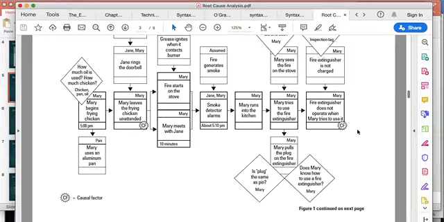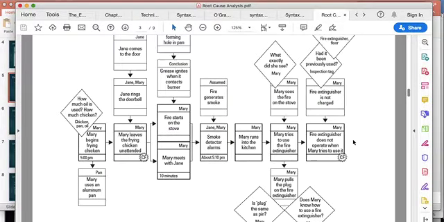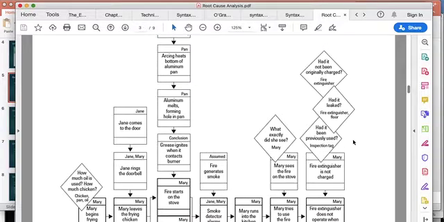Great, presumably you paused the video and read through it again. Here's hoping. Okay, the other thing to notice is that there are different shapes and clues that help this person chart their investigation.